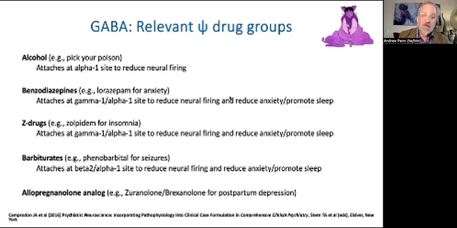My dog actually takes phenobarbital to prevent his seizures. And then recently we have a non-benzodiazepine drug that works on GABA receptors called allopregnanolone, which is marketed as the drug zuranolone or brexanolone, which is a treatment for postpartum depression, which we'll get into later.